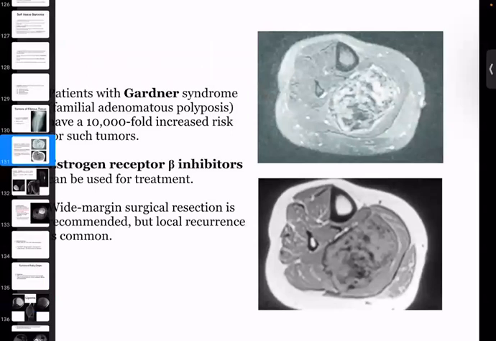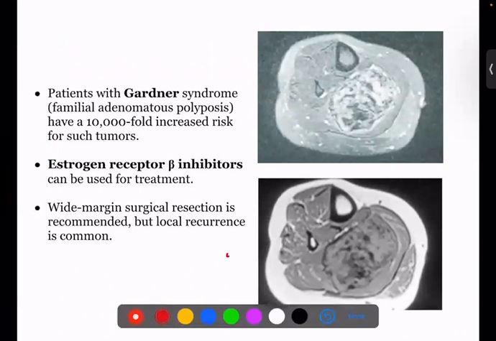Okay, so we have a mass on the lower picture, this one. So this is a mass and this is fat. So here the fat is bright and the bone marrow is also bright. And the soft tissue mass, this only applies for soft tissue sarcoma. So if we apply the rule, which is low on T1, this mass is low on T1.